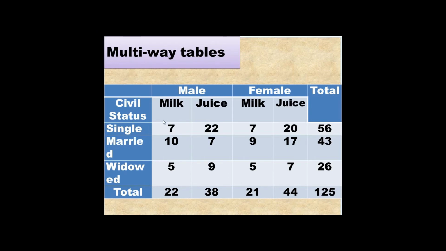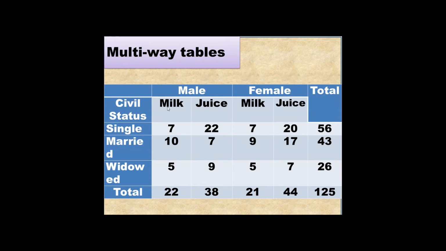Single males, specifically, some drink milk, and 22 of them drink juice. This table represents that single males prefer to drink juice, while single females also prefer to drink juice.